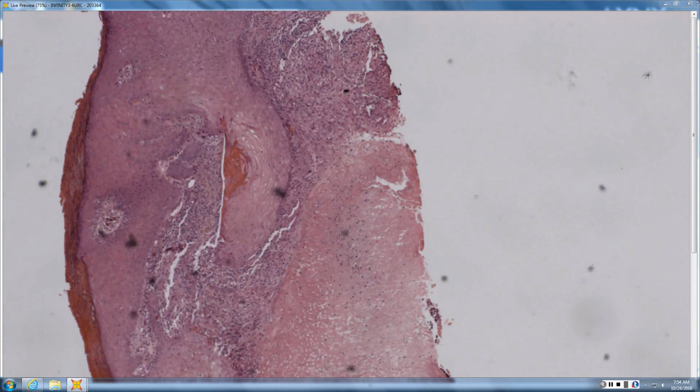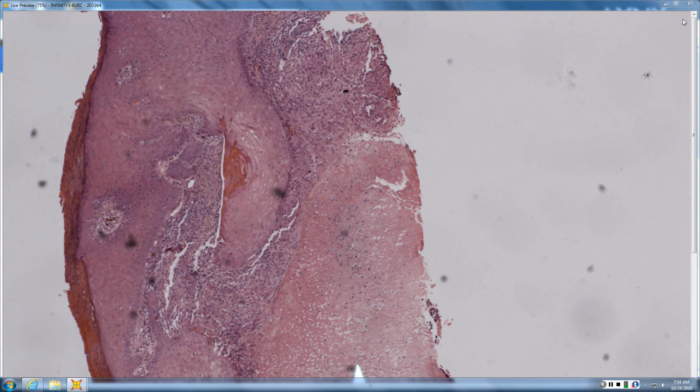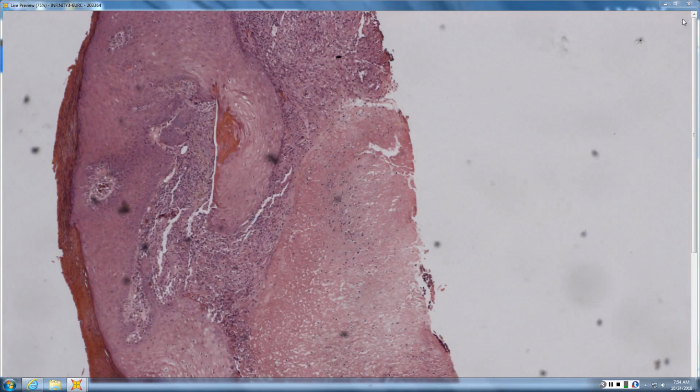Okay, Kendall. So this looks like a shave of some sort. We have some lighter pink staining material down below. So that's potentially necrosis. Yeah, and that actually was brilliant and well done. So it's just not staining as intensely as fibrin. You see a little fibrin around the edge here, but the center is very dull pink, not that intense pink of fibrin.